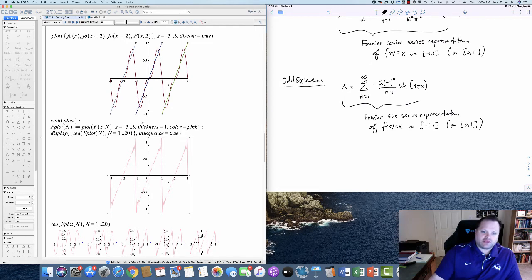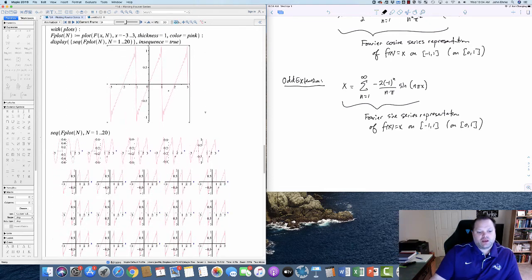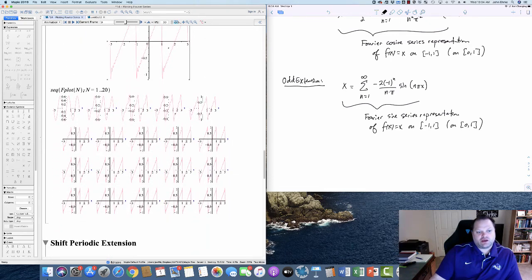But here there's a discontinuity, right? So you can see the original function, there's a jump down to the next interval here. And Fourier series really have difficulty with these jumps. You can see here how it's trying to compensate by overshooting the jump and then bringing it back down. Here is a different way of looking at these from start to finish.